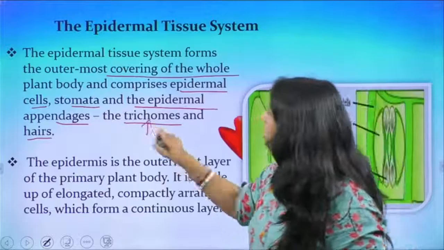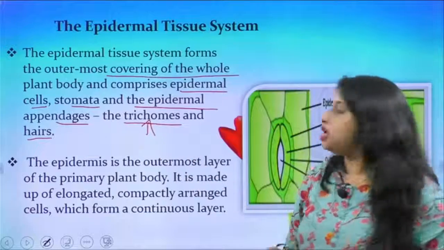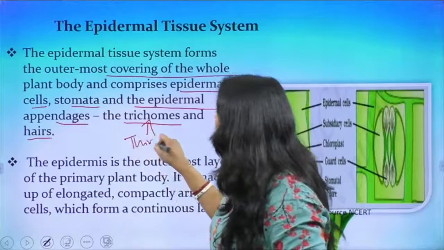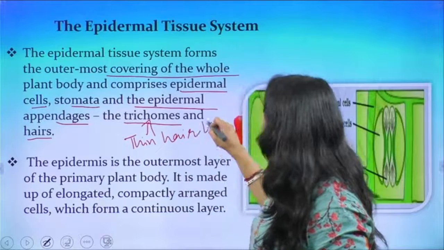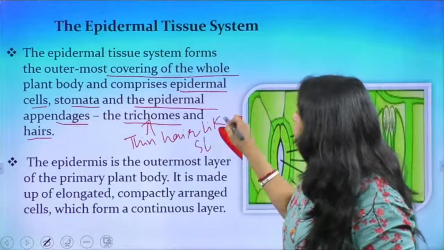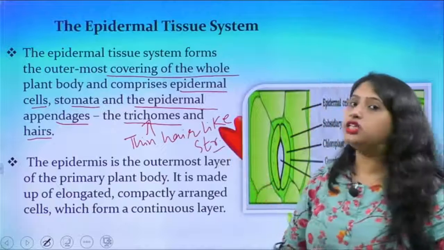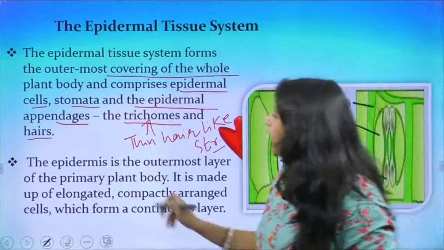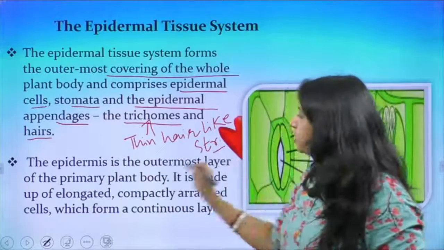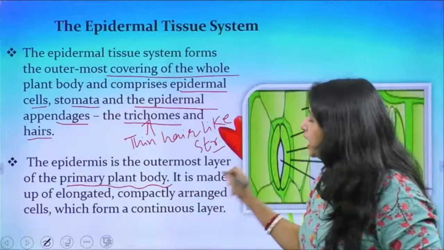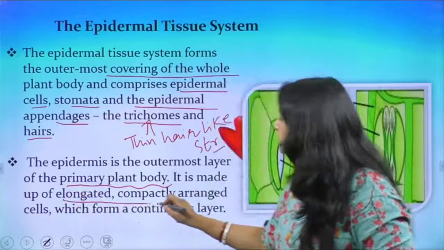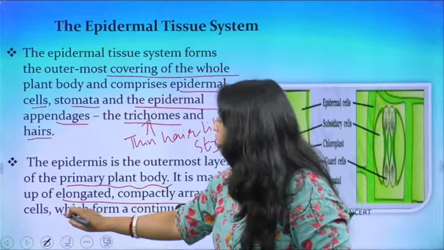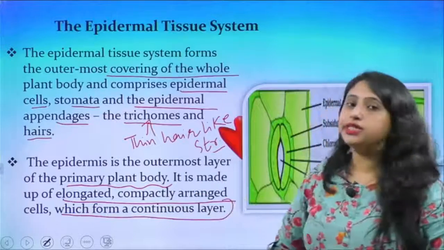What are trichomes? Trichomes are thin hair-like structures. The epidermis is the outermost layer of the primary plant body, made up of elongated, compactly arranged cells which form a continuous layer.